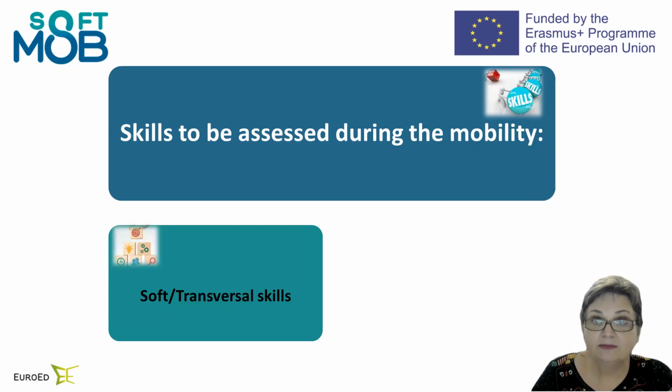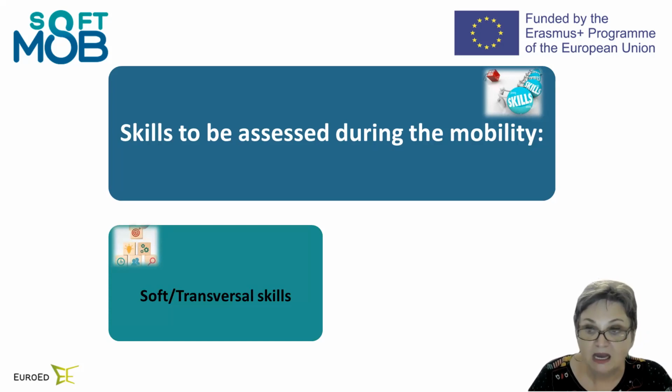The first and most important category of skills which have to be assessed are the transversal or soft skills. According to the latest research of relevant economic portals, soft skills will be in high demand for many occupations because these skills are those which enable young people to adapt quickly and easily to fast changes in the world of work.